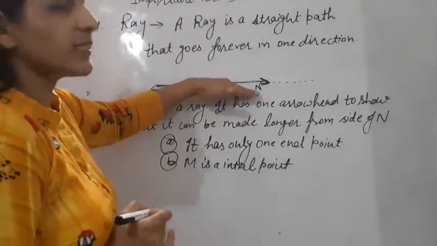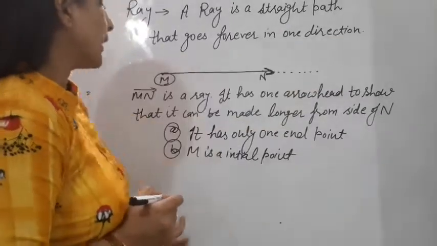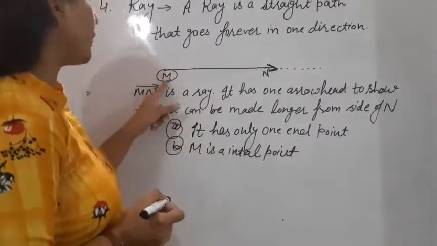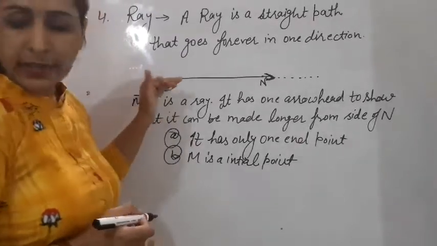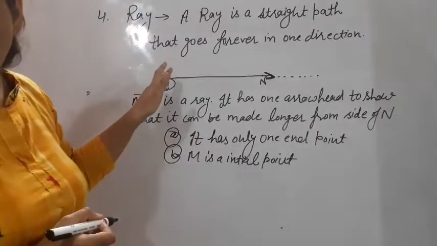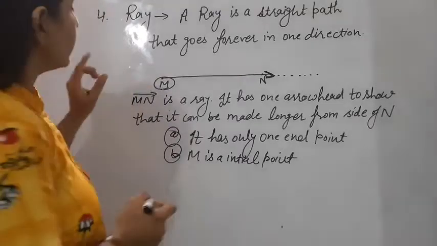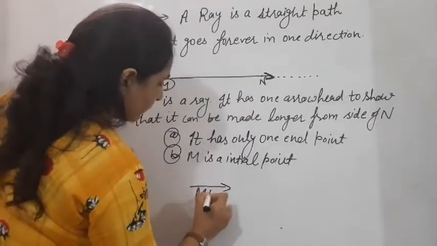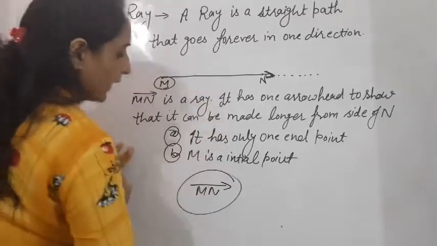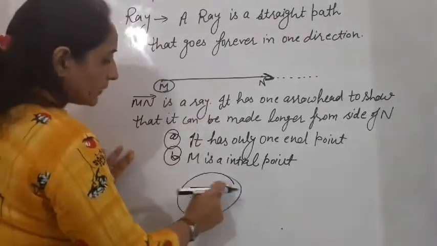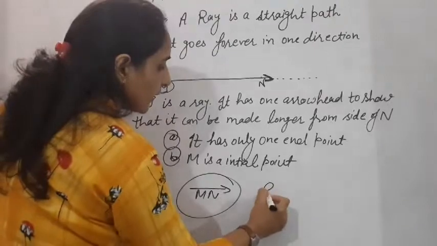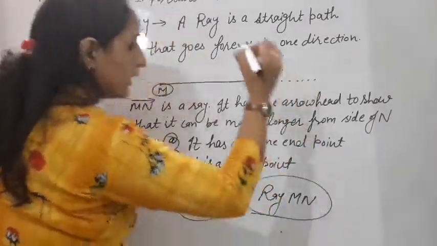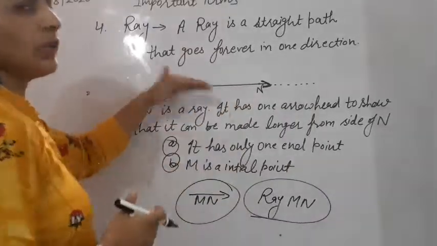Clear all of you? It has only one end point. Here M is what we call the initial point, and we call it the ray MN. We can write it like that also, with the ray symbol over MN. Clear all of you? This is all about ray.